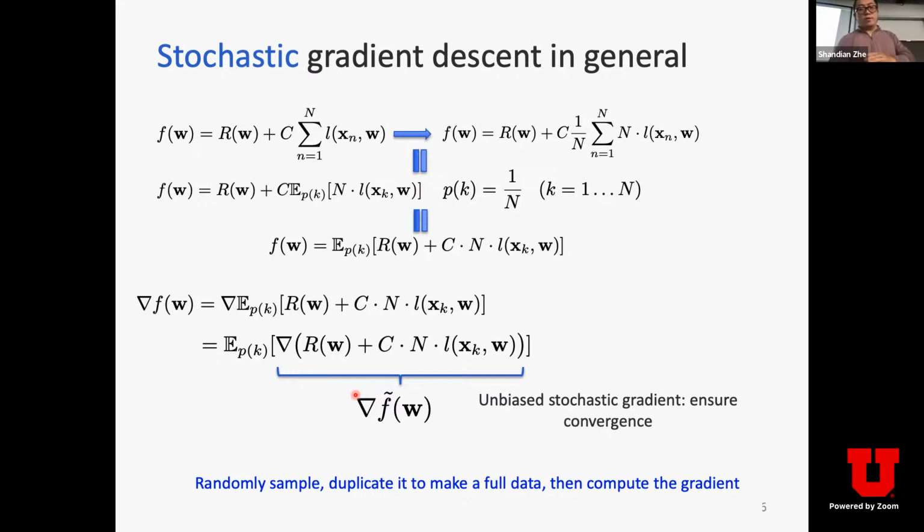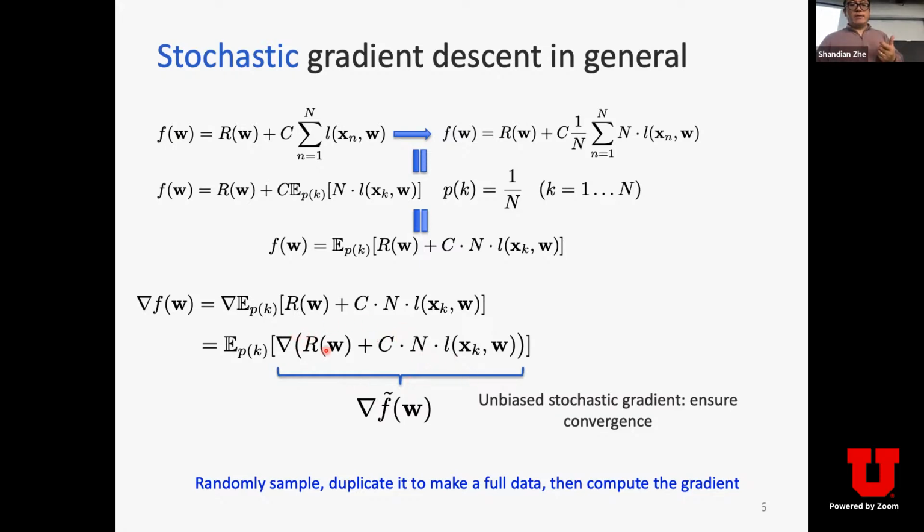So now if we take a look at this, right? In general, if your objective contains a regularization term and a summation over a bunch of data points, the loss of a bunch of data points, and you want to get an unbiased stochastic gradient, you randomly pick an example out of the data set, compute the loss, then multiply with the total number of examples in your data set.